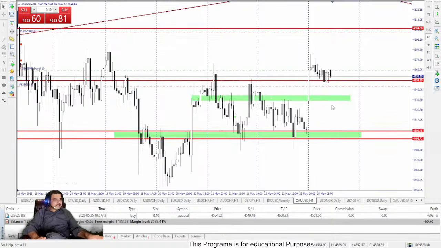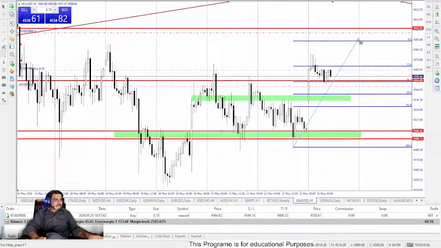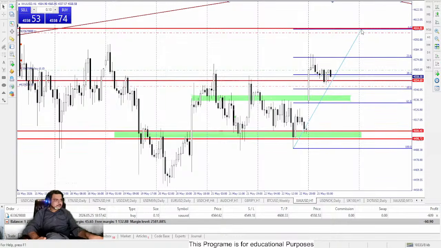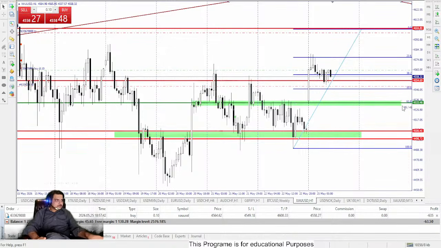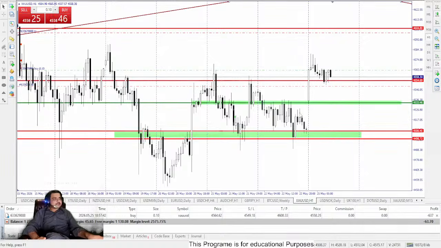If this correction occurs, then I will be trying to buy near this zone, 45.30 approximately, if this one stops out.